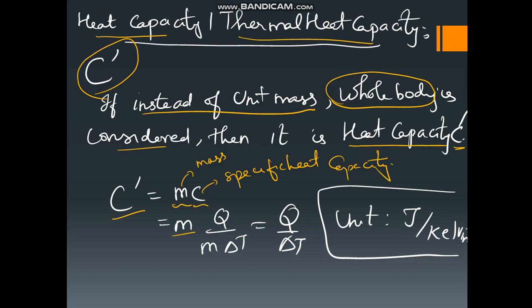We know that Q is equal to M C delta T. Substituting the C value, mass and mass get cancelled and it is Q by delta T. So the unit of thermal heat capacity is joule per Kelvin. They ask units repeatedly, so you must know the unit.